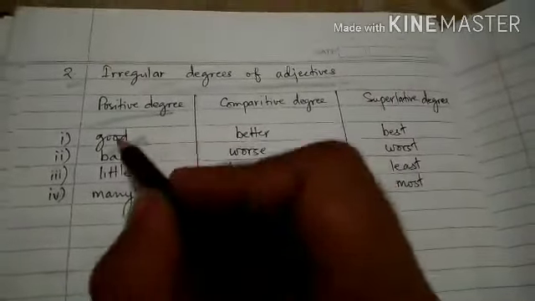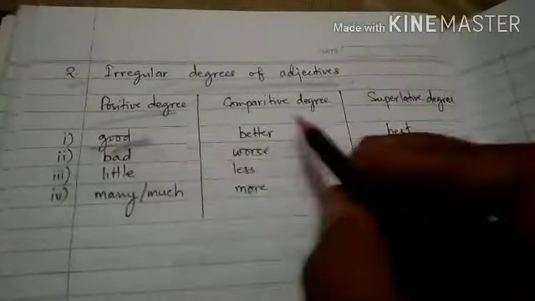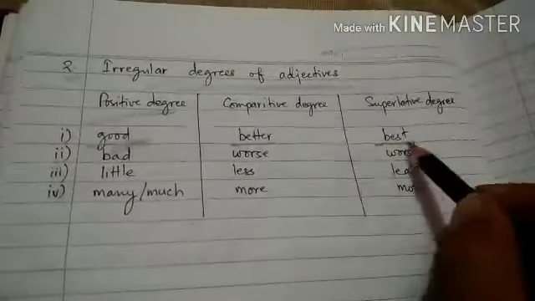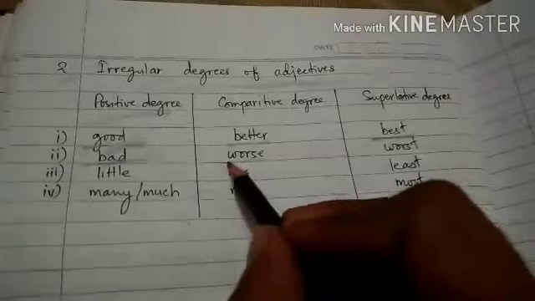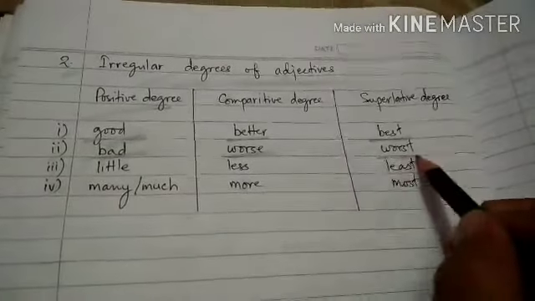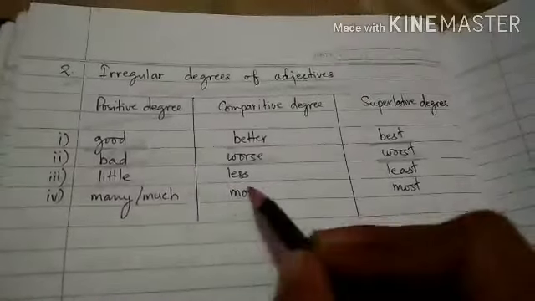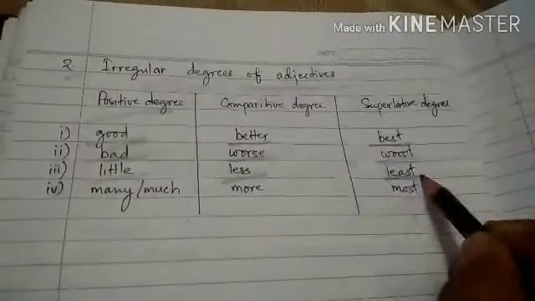Okay, so here good is positive degree, so comparative degree is better and superlative degree is best. Bad, positive degree; worse, comparative degree; worst, superlative degree. Little, positive degree; less, comparative degree; least, superlative degree.